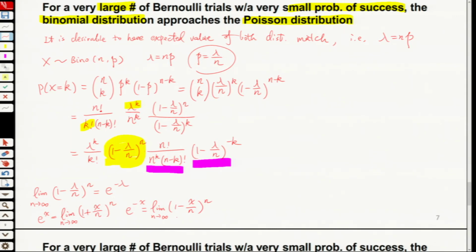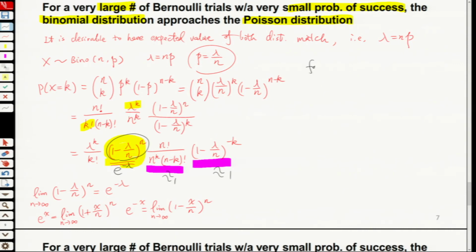So this is the limit of exponential minus x. So problem solved. This part is exponential minus lambda. Just replace this part. So far we have these two, and now this one should approximately equal 1. This one should be approximately equal to 1 too, right? Then we prove this.